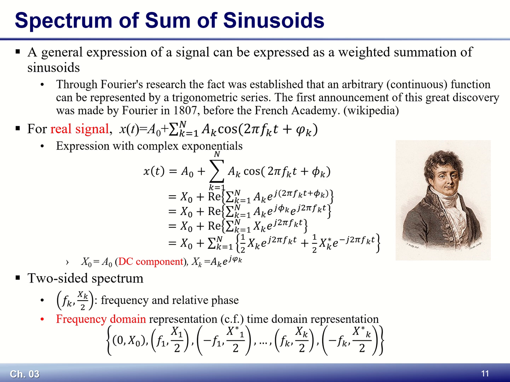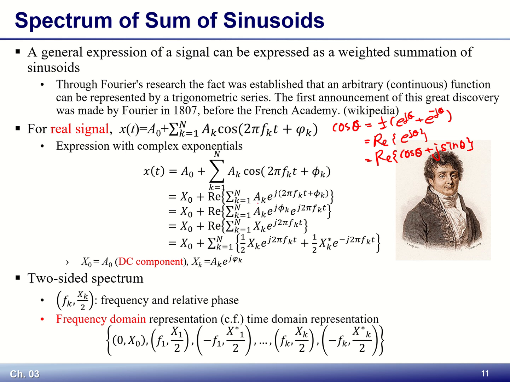From Euler's expression, cosine theta is half of exponential j theta plus exponential minus j theta, or the real part of exponential j theta. Actually, exponential j theta is cosine theta plus j sine theta.